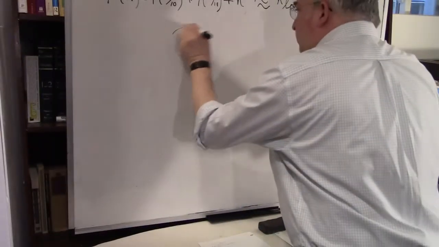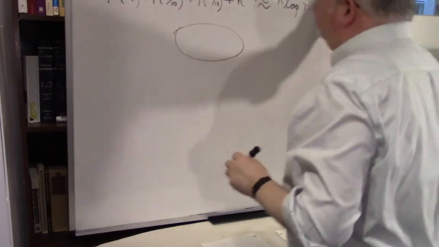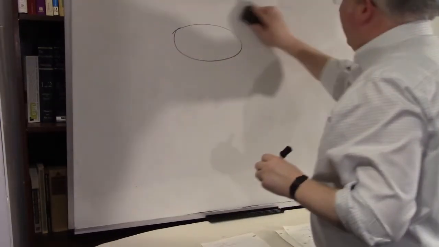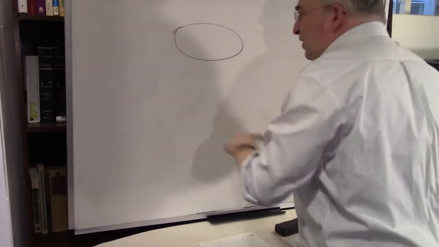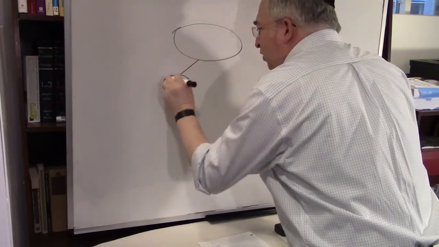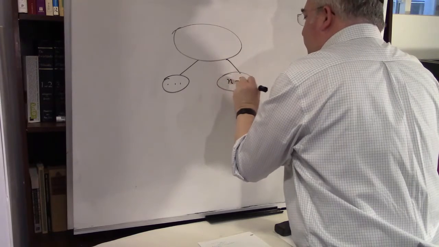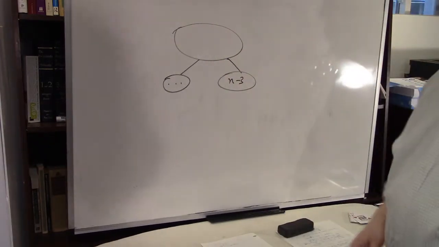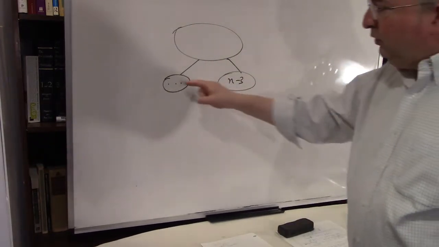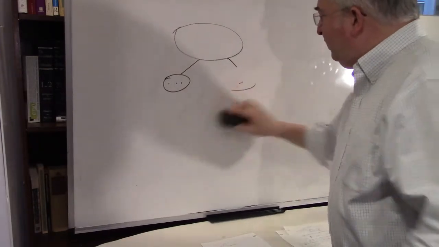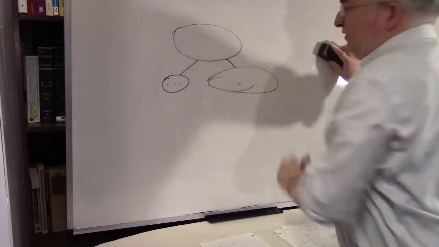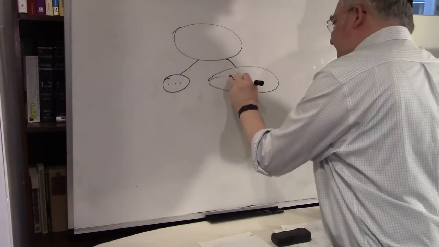Okay, but you can have it really bad. Let's say you have n cards, and you pivot, and on this side you have 1, 2, 3 elements. On this side you have n minus 3 elements. So only 3 cards here, and here a lot of cards, n minus 3 cards.